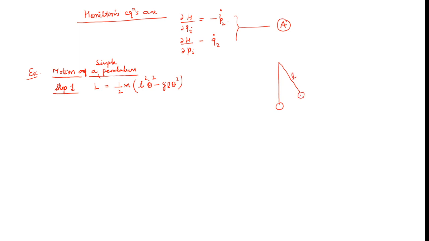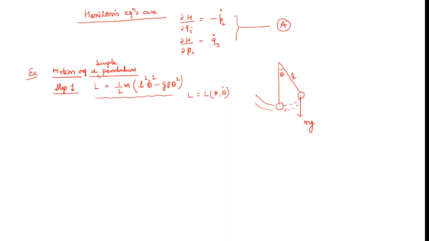This is l, this is theta, and this is mass. It is to and fro motion, right? So this is the Lagrangian. So first thing is to find the Lagrangian. You see here that in this Lagrangian, it is cyclic in r. L is a function of theta and theta dot.